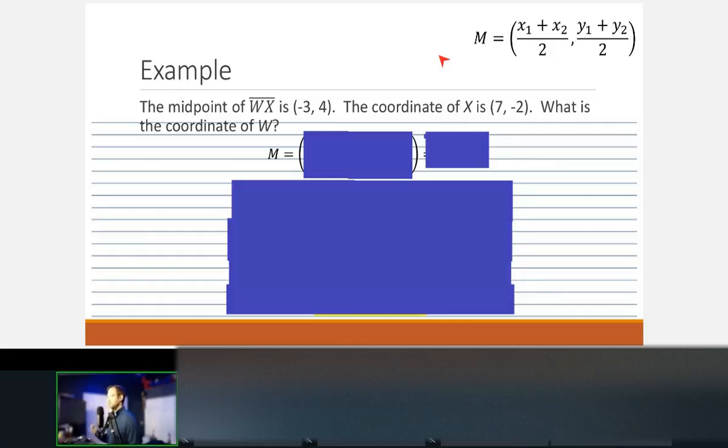You should write it down, you should label stuff, and if you're not sure about setting up the equation, just do what you can and give me a green check so I know we can go on. Let's wait for one more person. All right, so everyone's ready here.